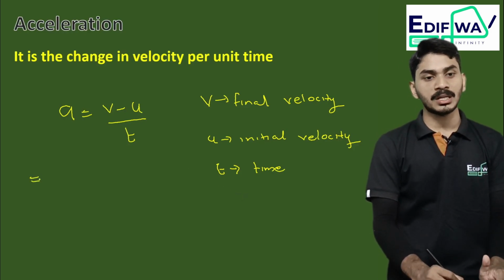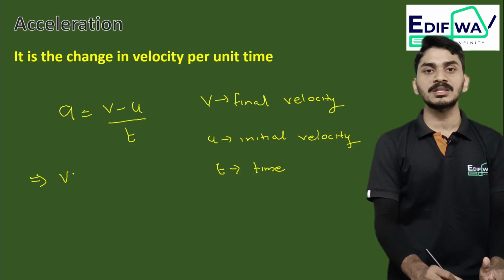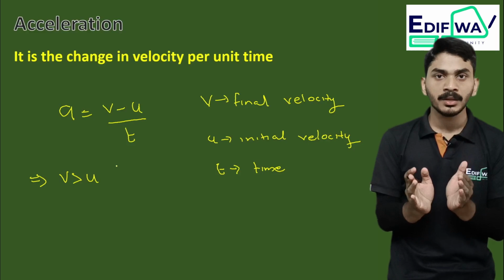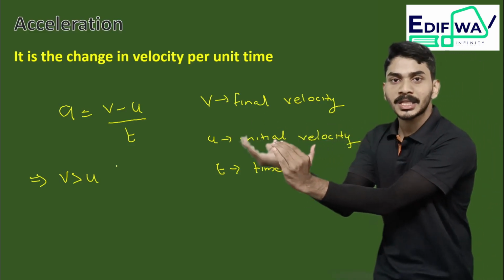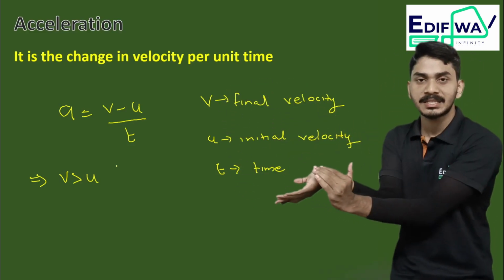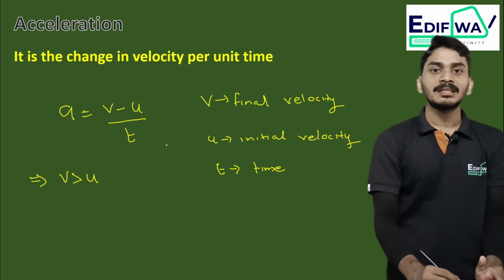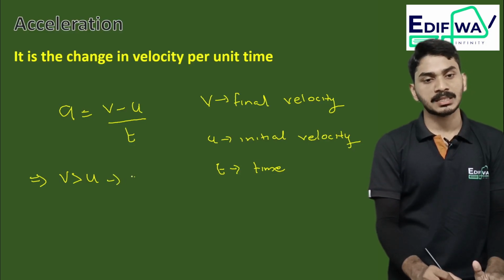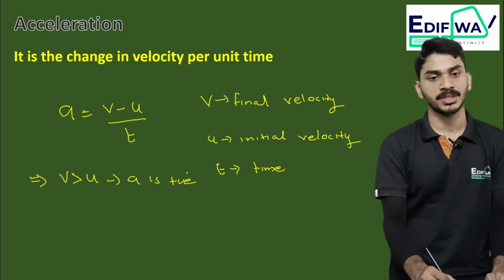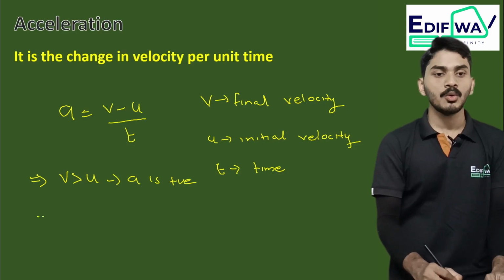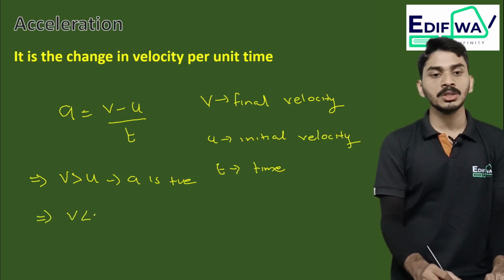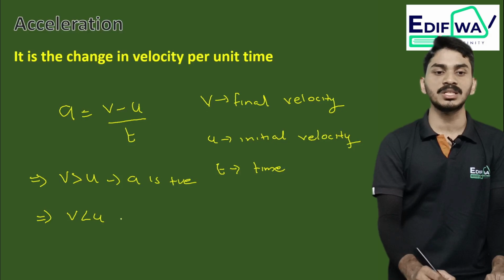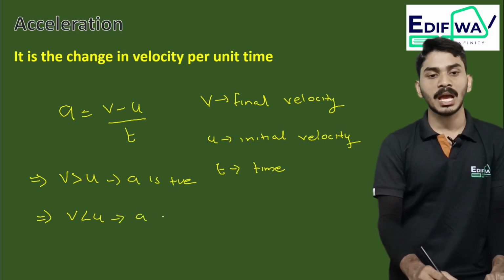Now you have to understand that when your final velocity is greater than the initial velocity, the case where a vehicle is going slow and then increases its speed, the acceleration is positive. When your final velocity is less than the initial velocity, your acceleration is negative.